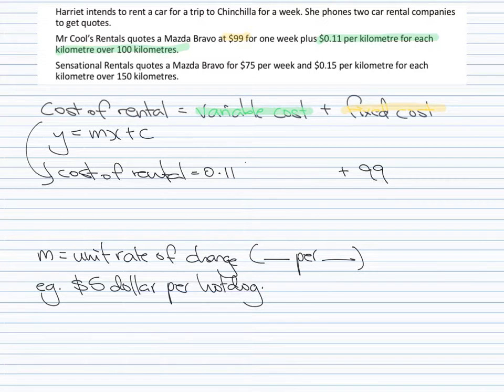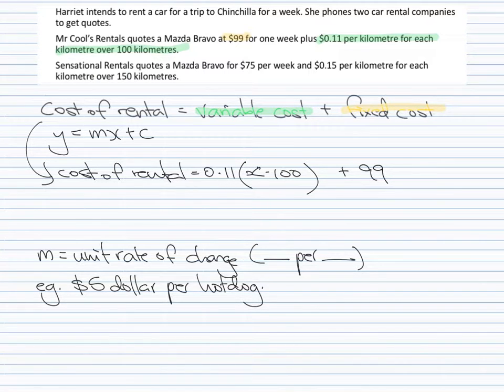That is my rate of change. But let's look at whatever my x is. In this case, it says the rate of change is applied to every kilometer I drive over 100. So every kilometer that I drive over 100.